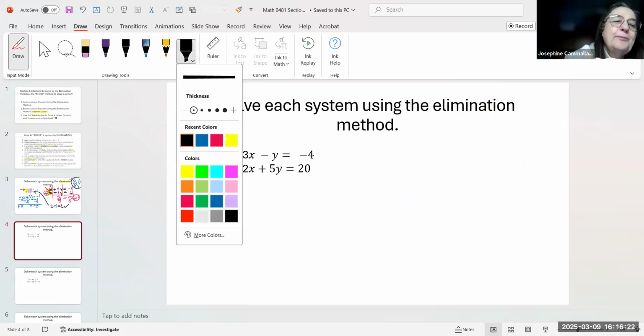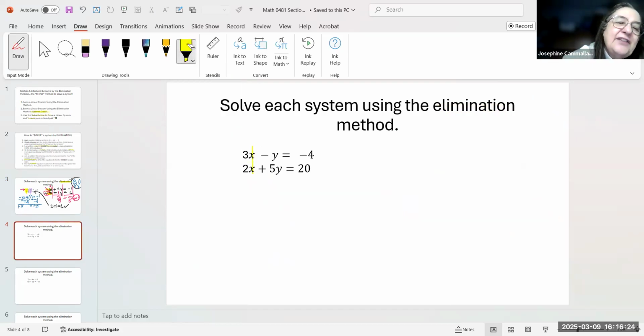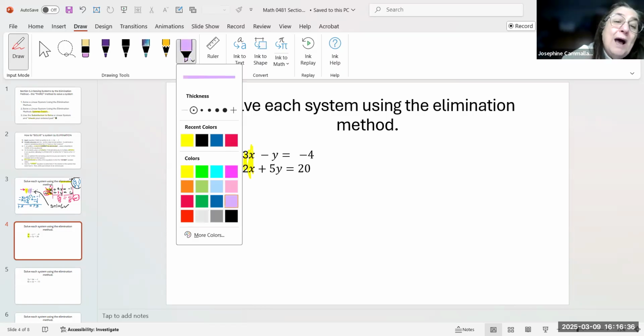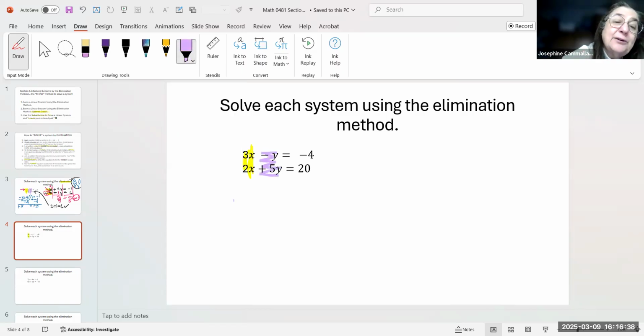If we look at the x's, if I add them just as they stand, I get 5x. I didn't eliminate anything. If I go to my y's, which are right here, I happen to have a positive 4y.